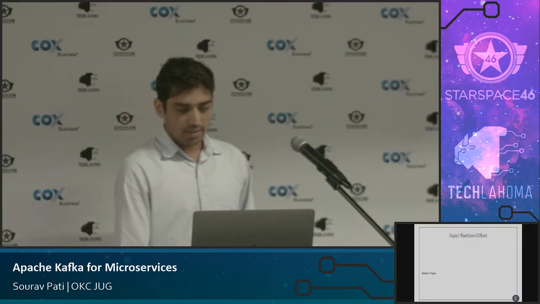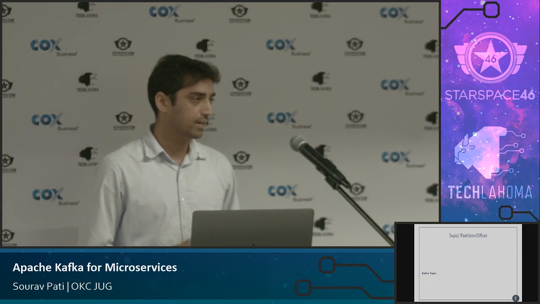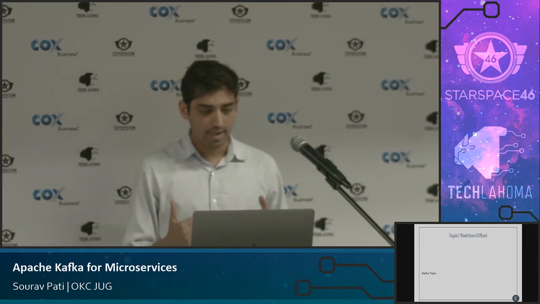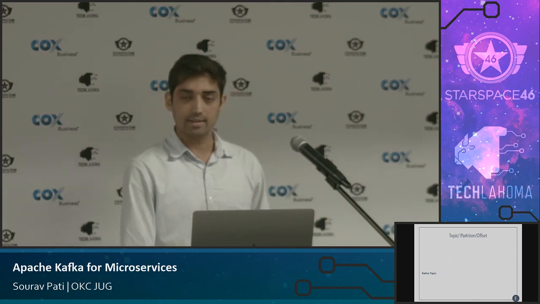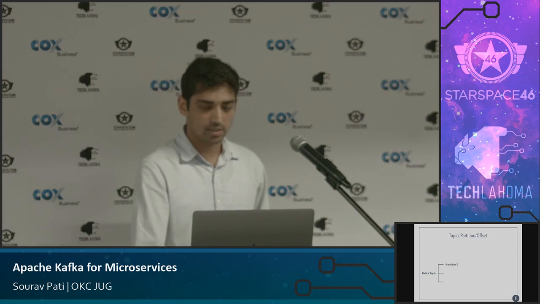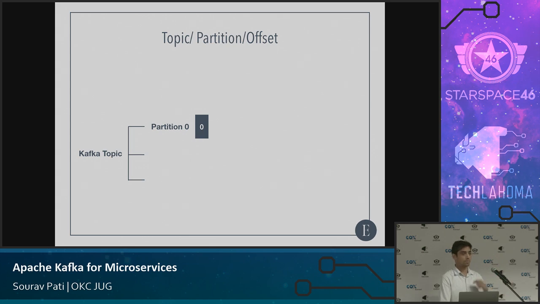Okay, so we'll do a little bit of a deep dive here into how the data is stored in partitions and how it works. Kafka, like I said earlier, has a topic as a logical name. In this example, we have 3 partitions. Partition 0 will have messages come in with an offset that starts with 0, then offset 1, the second offset, third offset, like that.